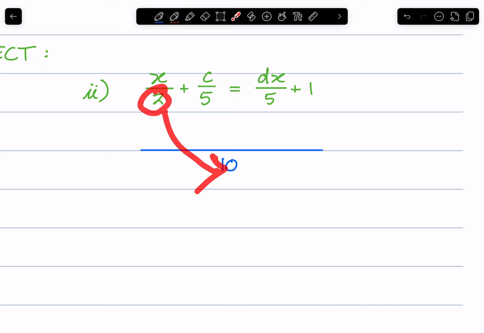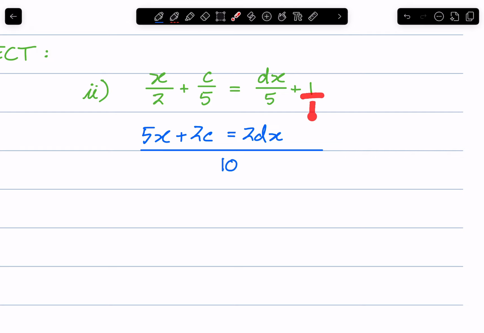So for 2 to become 10, we multiply by 5, so 5x. For 5 to become 10, we multiply by 2, so this becomes 2dx. And this number is over 1, so for 1 to become 10, we multiply by 10.